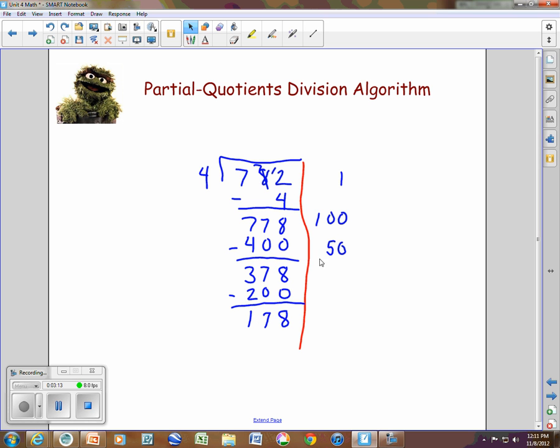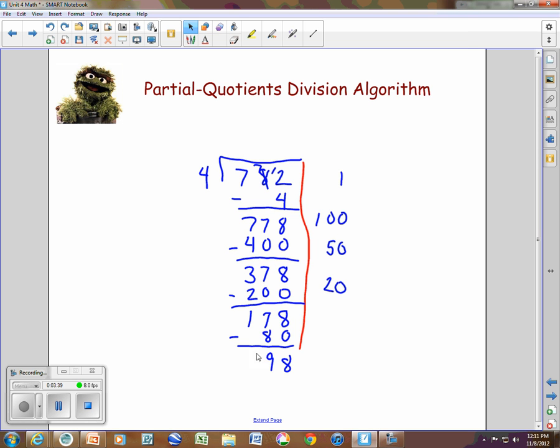Now I couldn't do another group of 50 because that was worth 200, but I could do maybe a group of 20. So 4 times 20, put the 0 here, again, like we did from the 20, and 2 times 4 is 8. Now I just took a bite of 80 away from 178, and that leaves me with 98.